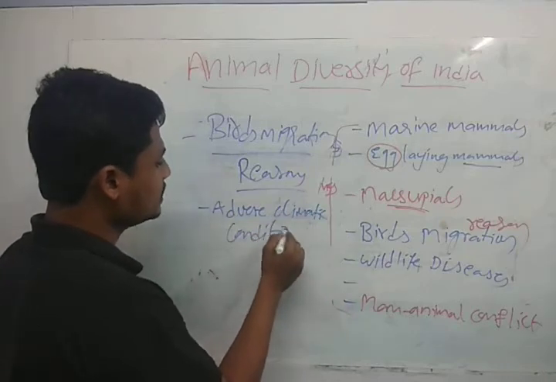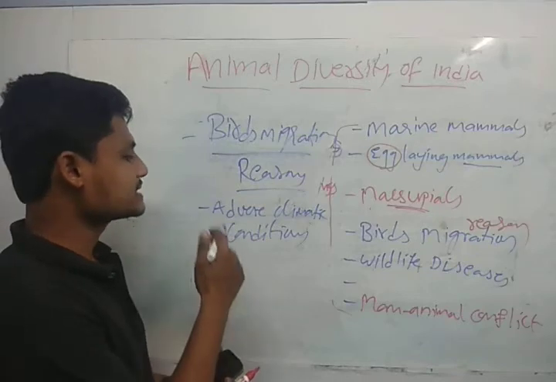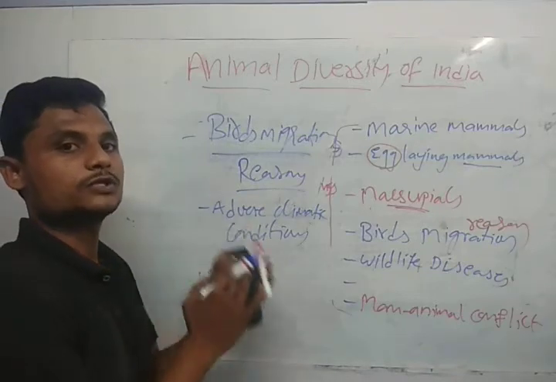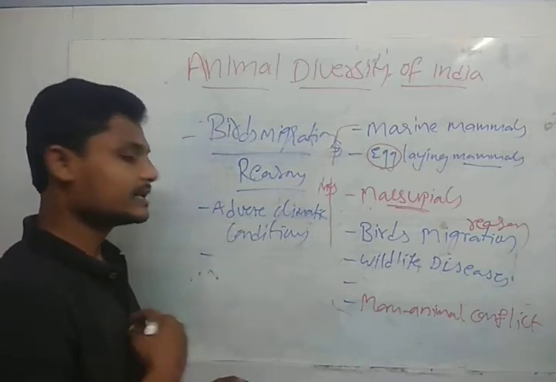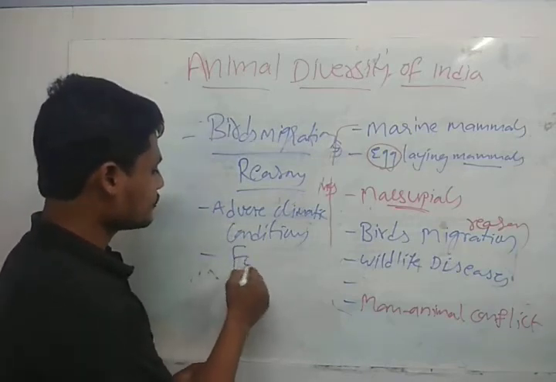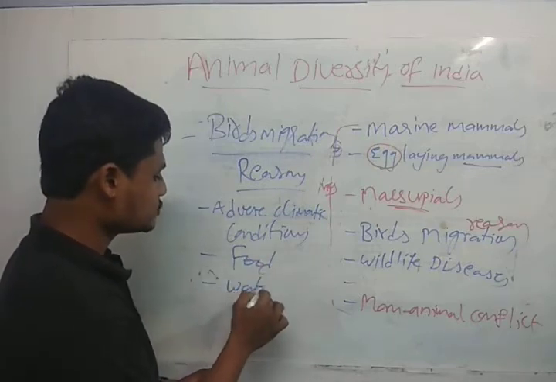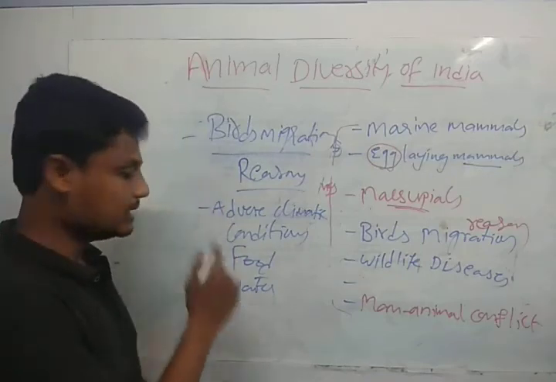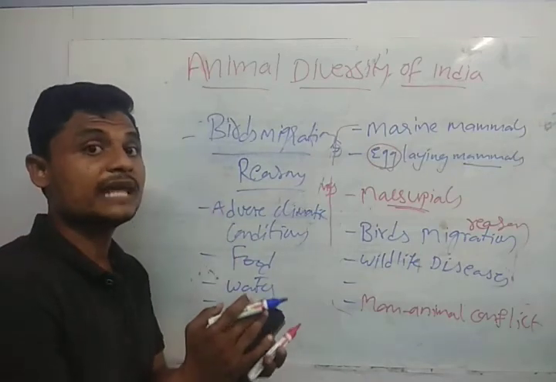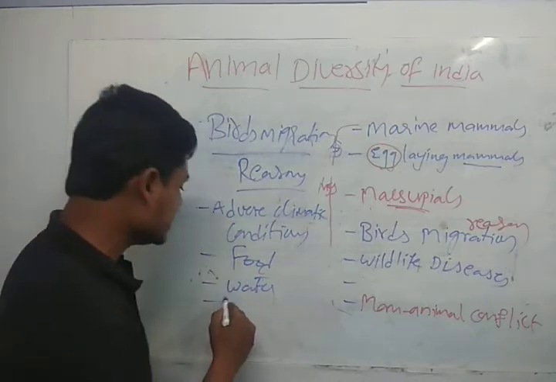Birds can't live at every place, guys, so because of the adverse climatic conditions, they move from one place to another for their habitat. The second one is for nutrients, or we can say food availability, or for water sources. And some places are good habitats for reproduction, guys, for nesting grounds.